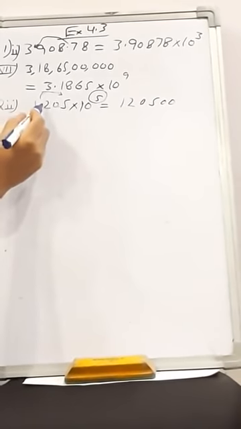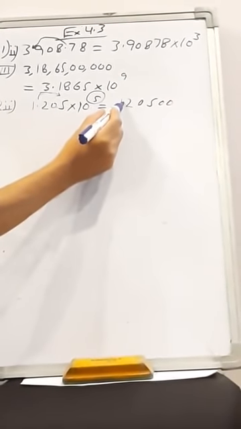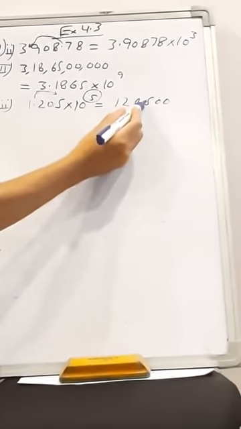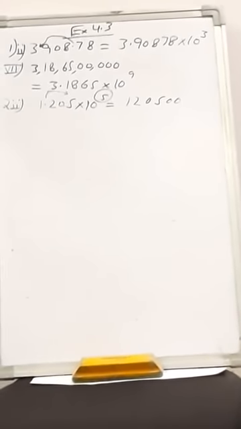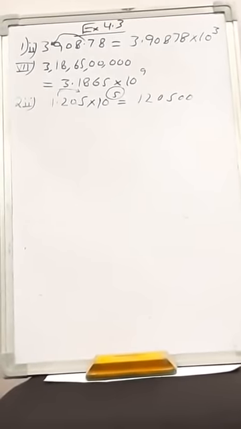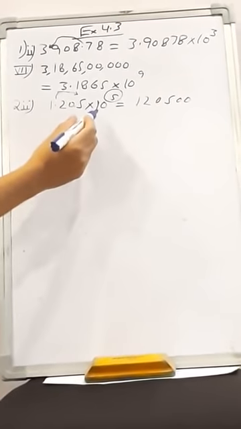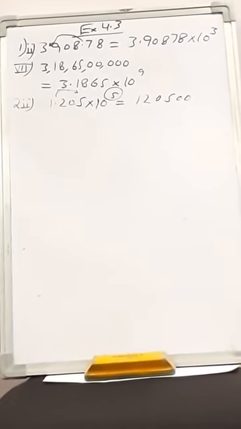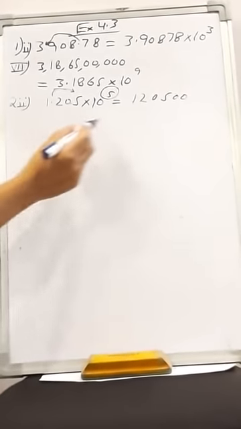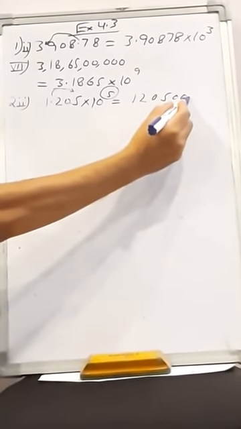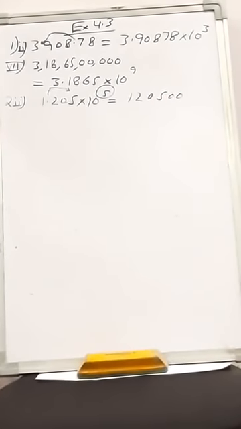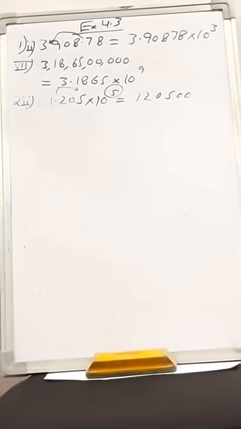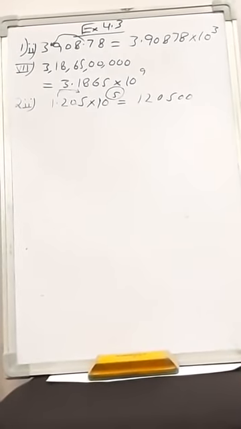So decimal has moved how many places? 1, 2, 3, 4, 5 places forward. So we have written this standard form in a normal decimal form. Though decimal is not there, you can understand that decimal has come here, and in the end we don't write 0.0, so we'll leave the answer here.